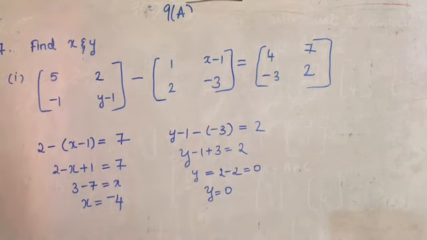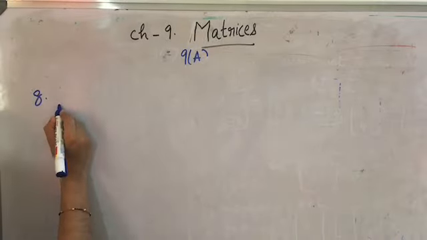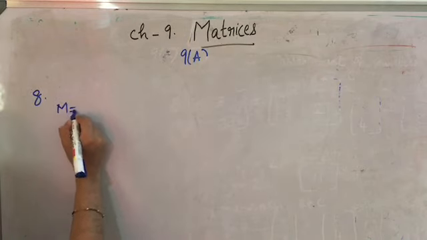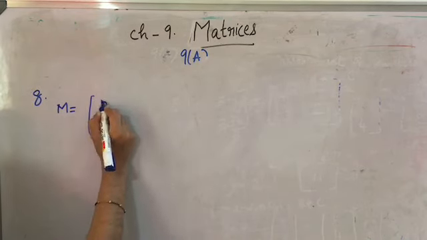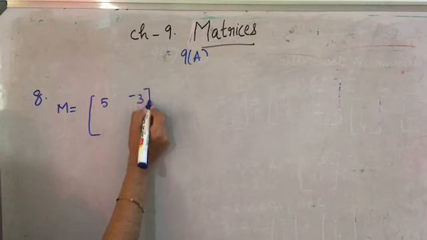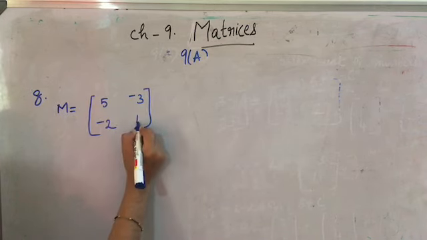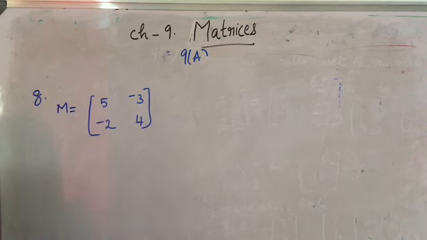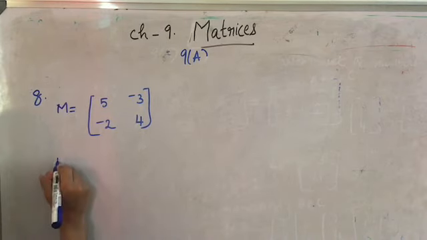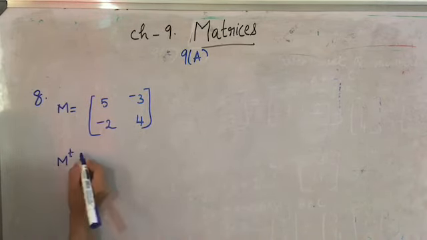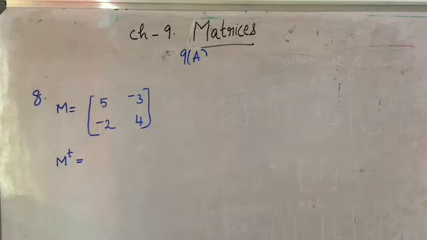Given M equals [5, -3; -2, 4]. Find its transpose, that is M to the power of T. In the previous class we have already explained about the transpose.